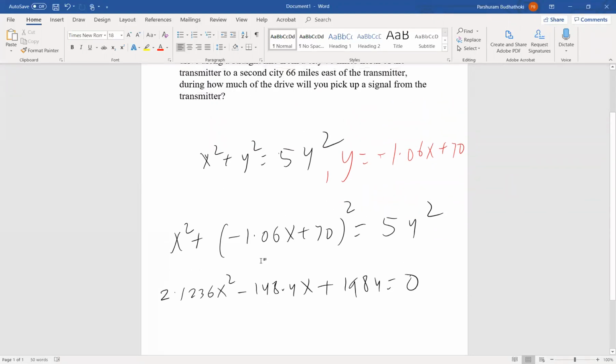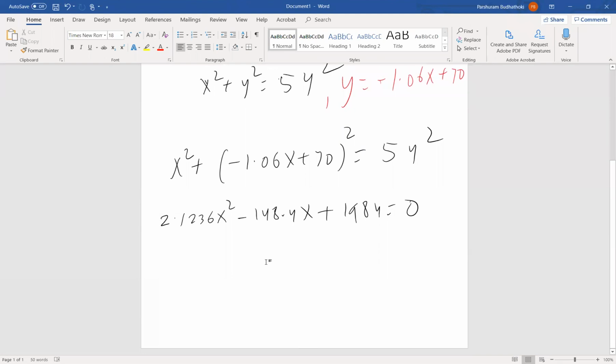Now, to find the points of intersection between the circle and the line, you have to solve this quadratic equation. If you do that, you find x equal 18.01176 for one point and 51.8696 for the other. These are the 2 x coordinates.